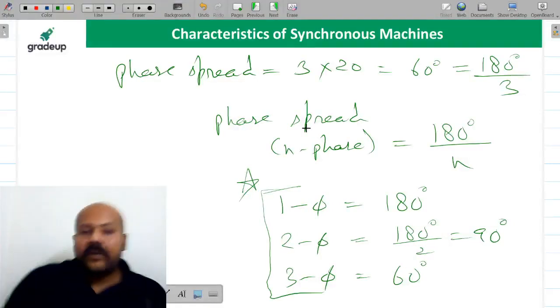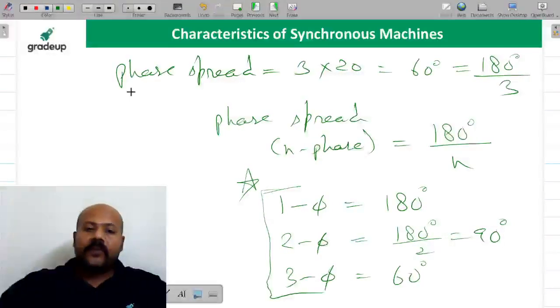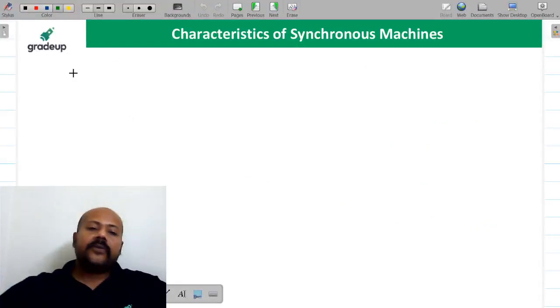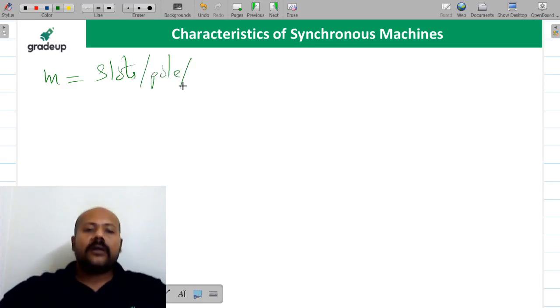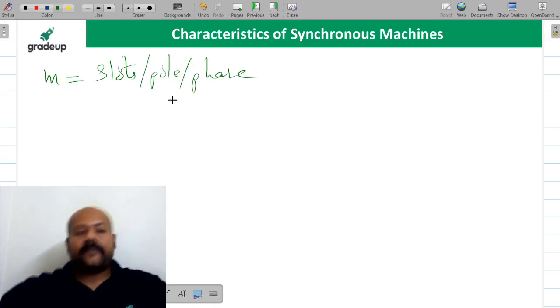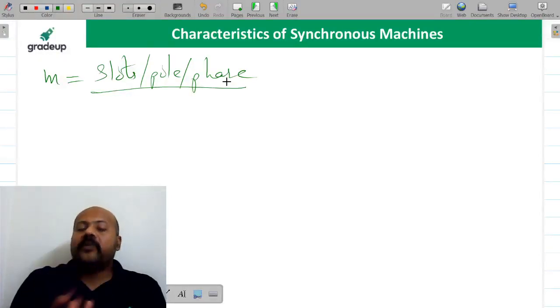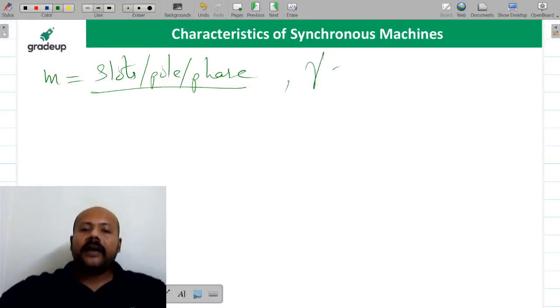Now you tell me, what do you mean by this phase spread? Please tell me. Suppose beta, I tell you, this M is the number of slots per pole per phase, and I am telling you the slot angle gamma.